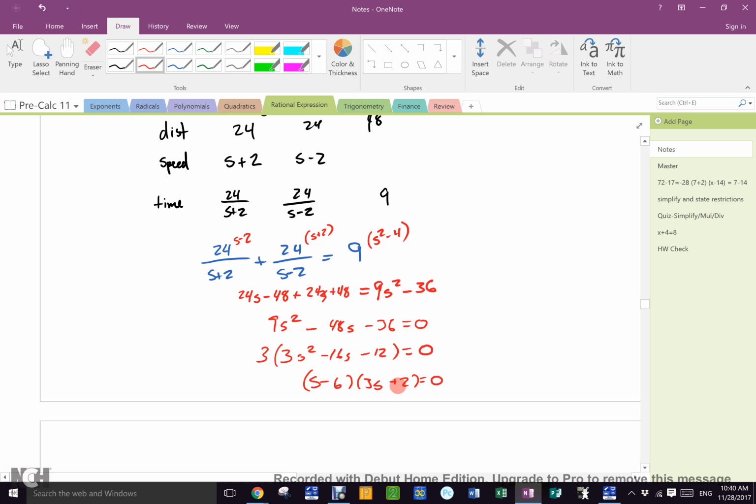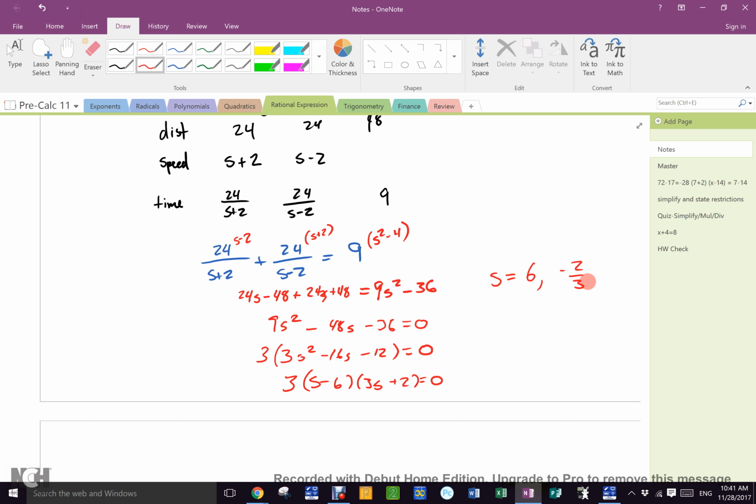Do I know how to solve that? What is s now? Oh, 3 can stay there, it's fine. What is s now? For this to equal 0, s has to be 6 or what? Negative 2/3. Oh man, I've been given 2 answers.